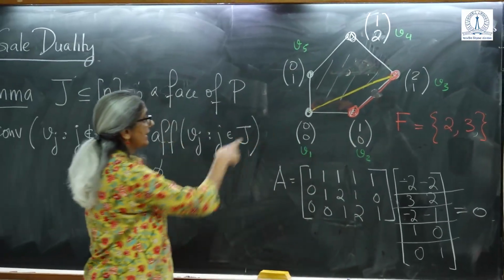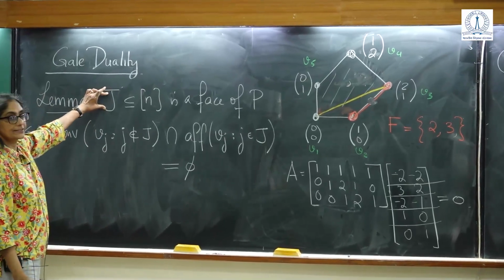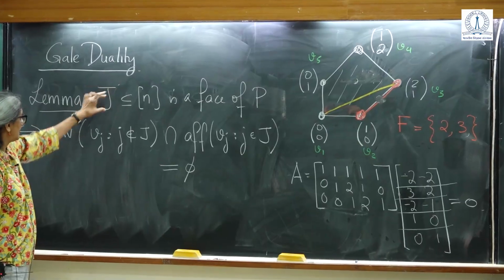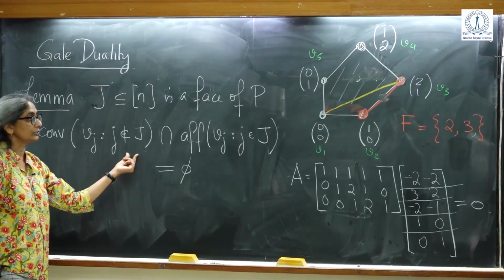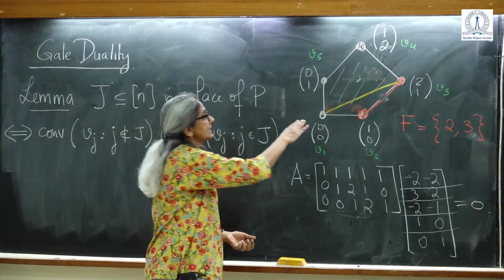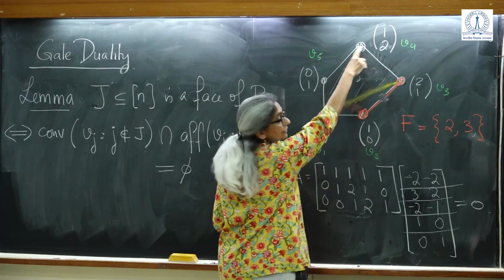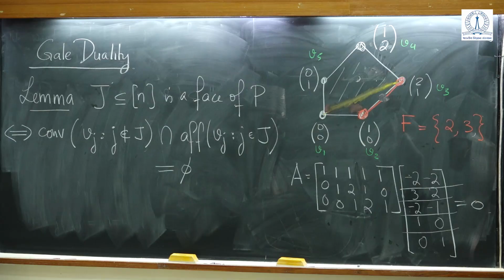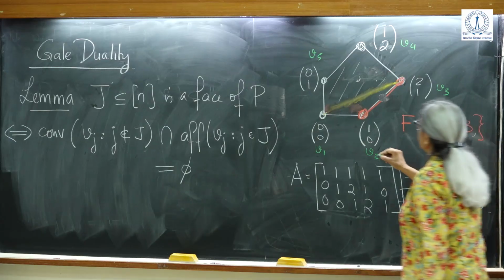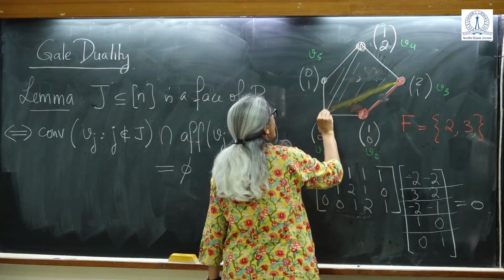Okay, so maybe we check it on the 2, 3 face again. It's saying that if 2, 3 is a face, so J is 2, 3, then the convex hull of the Vj's that are not in 2, 3. So let's take the convex hull of the things that are not 2, 3. That is 1 and 4 and 5, right? So let's take their convex hull. Maybe I make it green. So the convex hull of the things that are not in the face is this.